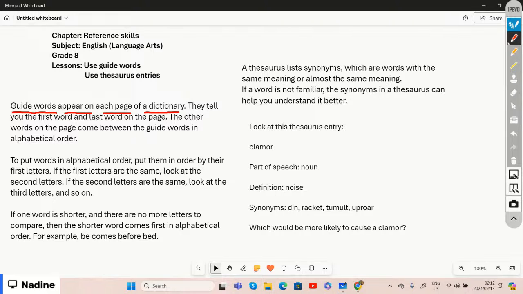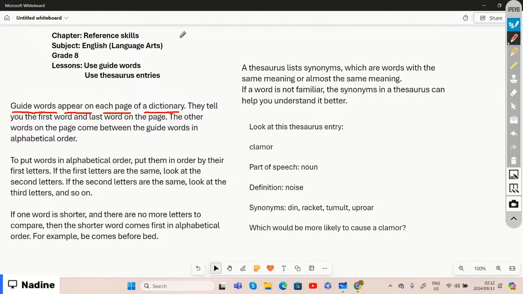The first word on the top left hand side of the dictionary, we call that a guide word. So guide words appear on each page of a dictionary. It's not just the first word that you see when you open the dictionary anyway. It is the first word as well as the last word.